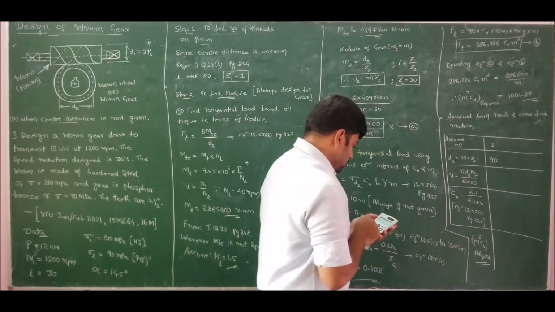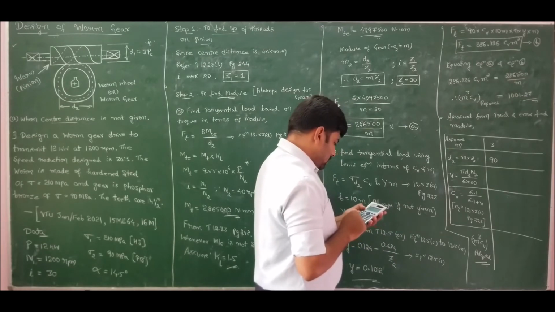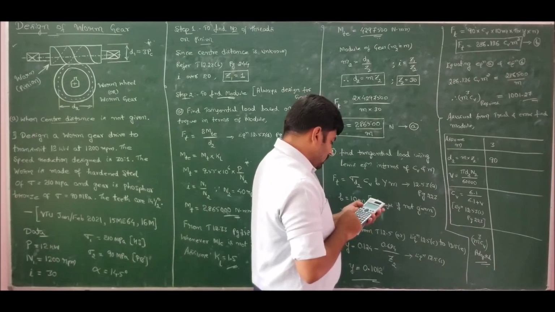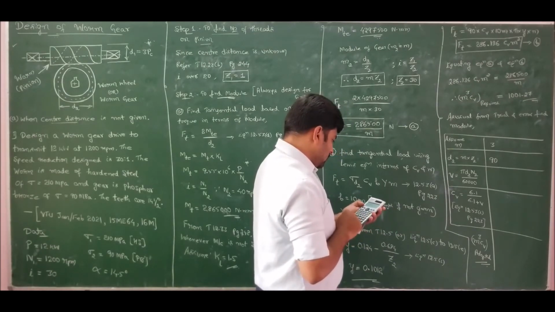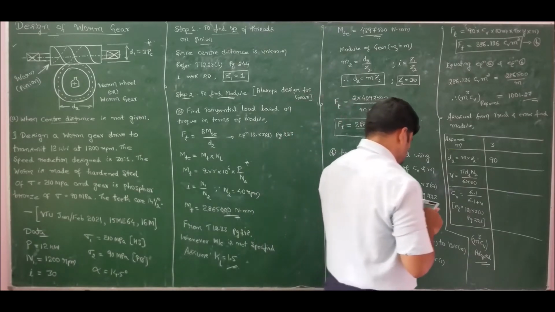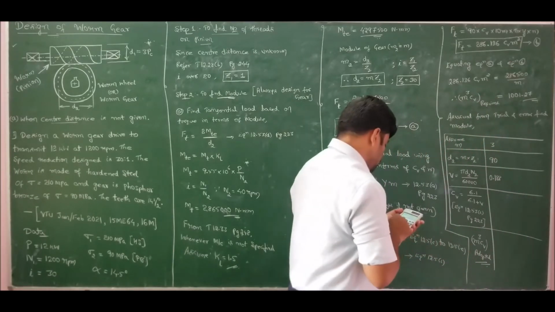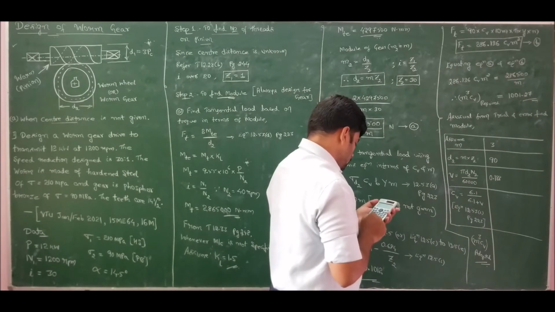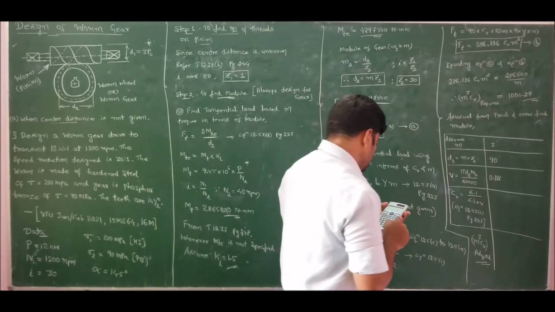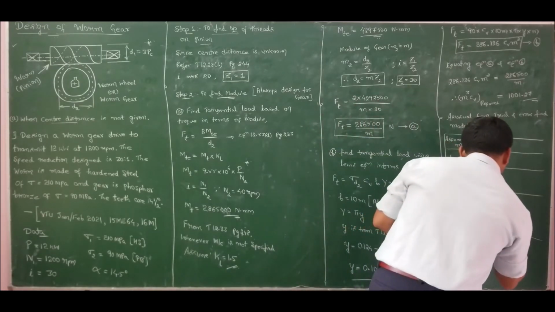Therefore, velocity will become pi times 90 into n2, which is 40, divided by 60,000, which is turning out to be 0.188. So CV will become 6.1 divided by 6.1 plus V, which is 0.97.